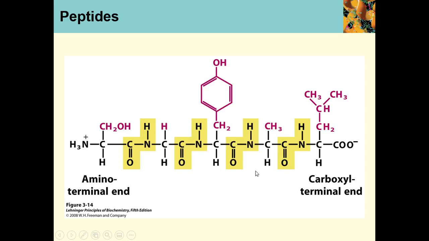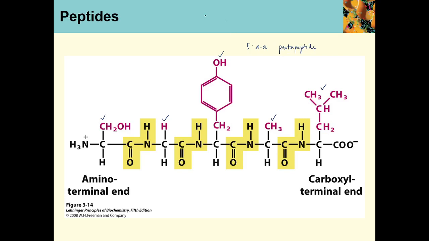You just count the number of side chains: 1, 2, 3, 4, and 5. That means we have 5 amino acids linked together, and we call this a pentapeptide. Remember, you name polygons based on the number of sides, so we will adapt that naming here.